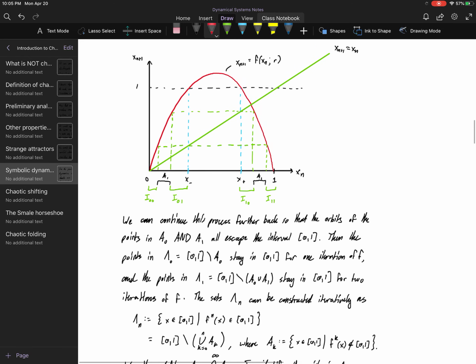So there are two sets, an I0 and an I1. Right here, this is I0 and this is I1. These are the remaining two intervals. If I color them in, it's this guy and this guy. These are the intervals that remain when we remove A0 from the closed interval from 0 to 1.